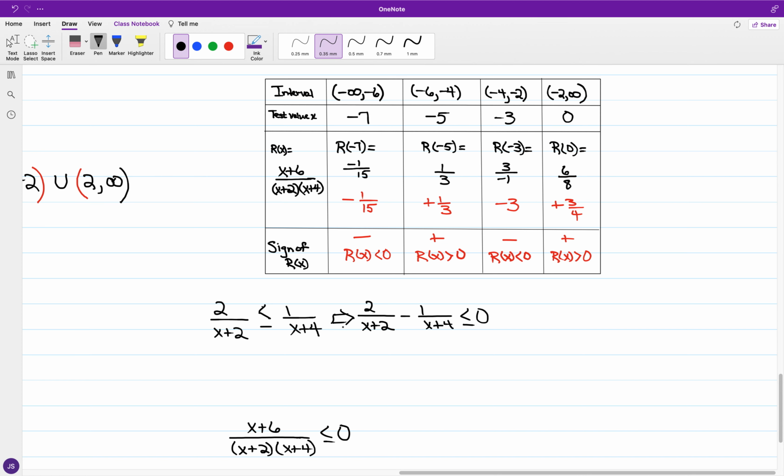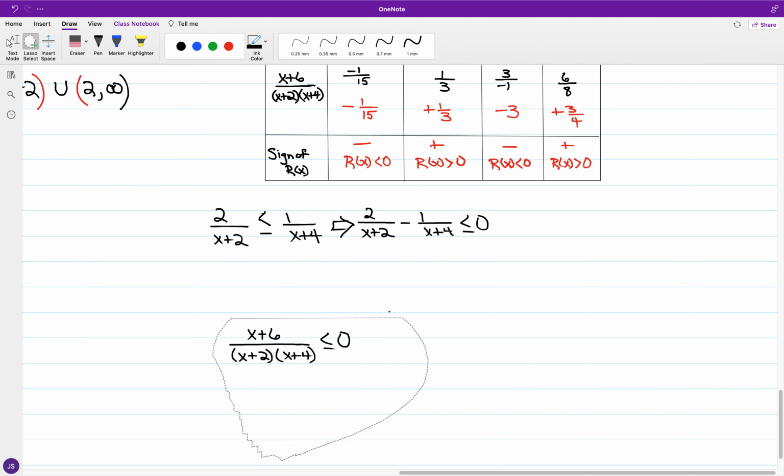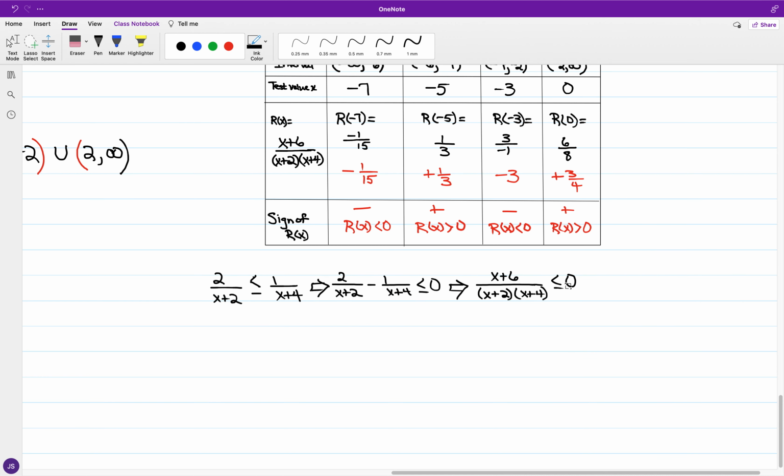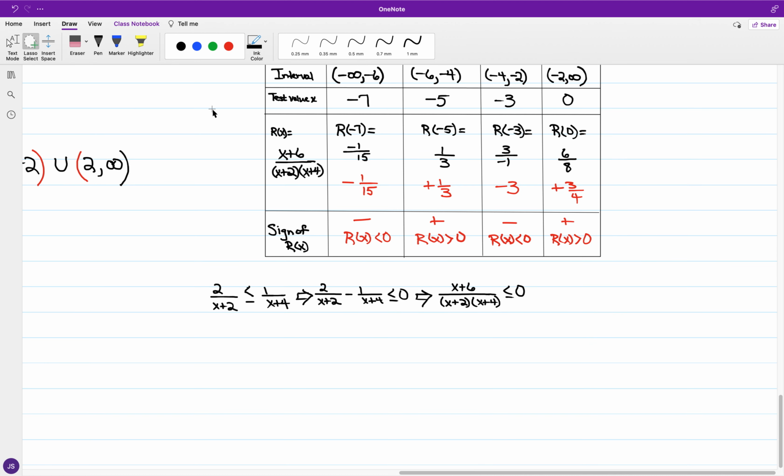We had this stage, and upon consolidating, we had x plus 6 all over the product of the denominators less than or equal to 0. And again, this is our resulting r of x. So for the solution, we'll be referencing where r of x is less than or equal to 0.